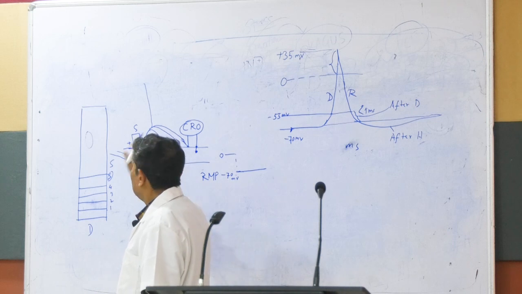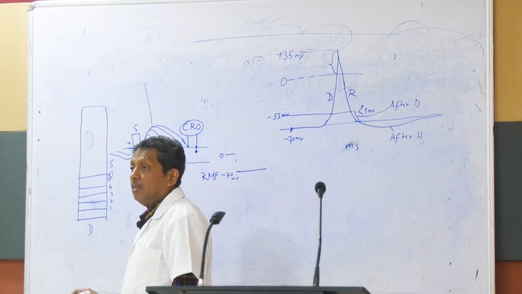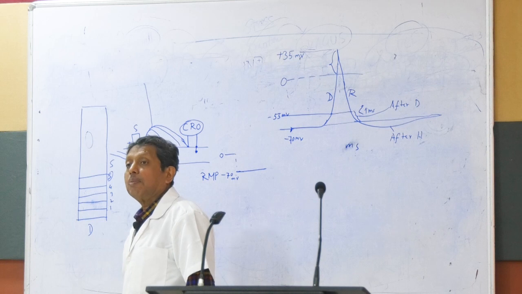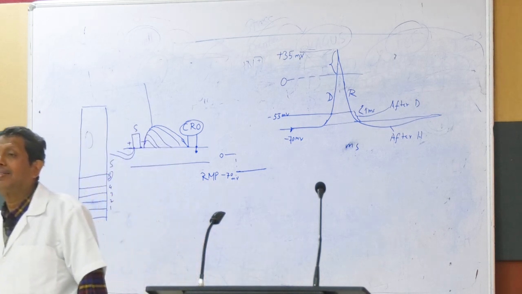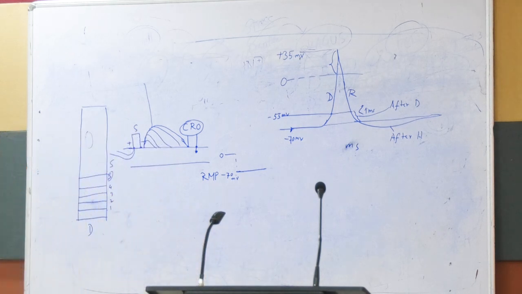Cathodic stimulus is important in stimulating. There are different types of stimulus: electrical, chemical, mechanical, thermal. We are considering the electrical stimulus on an invertebrate axon, and this is the action potential.